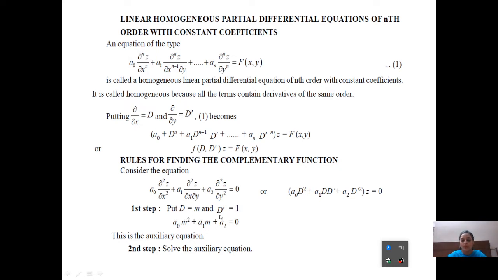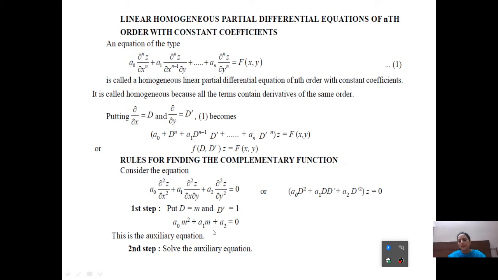I hope you all remember the topic from first year. In a similar manner, we will frame the auxiliary equation for this. D will be placed as m here and D dash will be placed as 1 here. Please note what we have to place: D will be placed as m and D dash will be placed as 1.